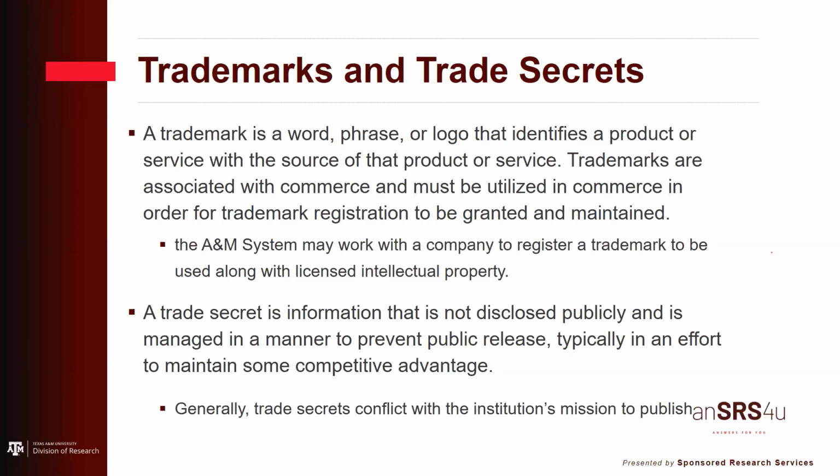The other thing that you have are trade secrets. A trade secret is information that is usually not disclosed publicly and is managed in a manner to prevent its release. It's usually there to have a competitive edge. For example, some formulas, methods, pricing information, client information, who to contact, and sometimes more importantly, what not to do, is very good to be protected as a trade secret.